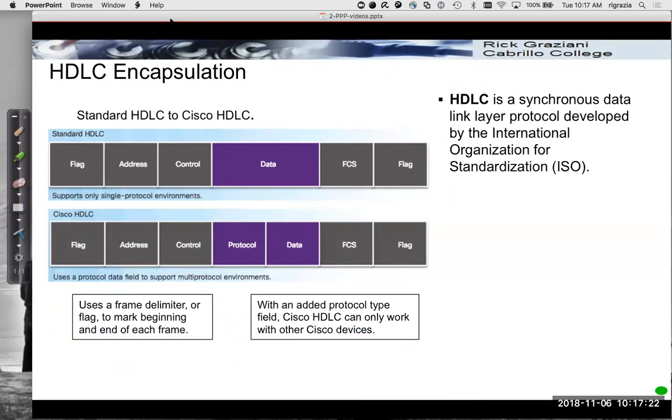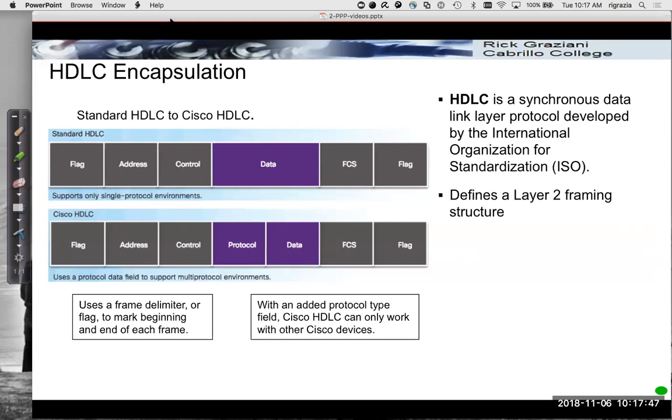All right, so let's get into HDLC, which is the default encapsulation on most Cisco serial interfaces. It was developed by the International Organization for Standardization, ISO, which is not an acronym. ISO comes from the Greek word isos, which means equal. It defines the layer 2 framing structure.